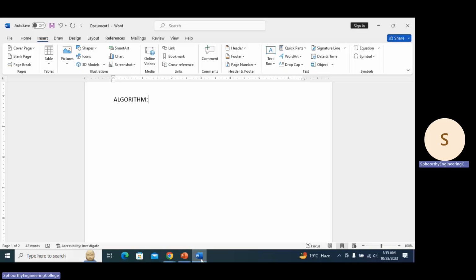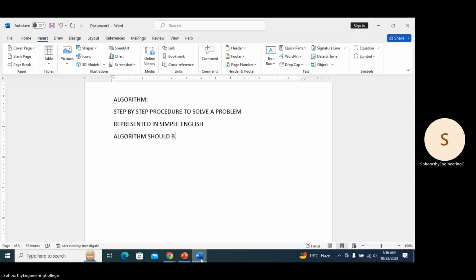So let me type the definition of algorithm. So this is the meaning of an algorithm, and I hope you understood what an algorithm is with a couple of simple examples which were given to you.